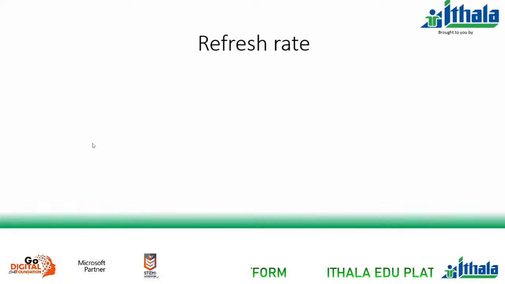Modern computer screens have a refresh rate of 60 Hz. This means that the screen is updated with new image information 60 times in 1 second. This should be more than sufficient for most users, because in a second the information is updated 60 times.